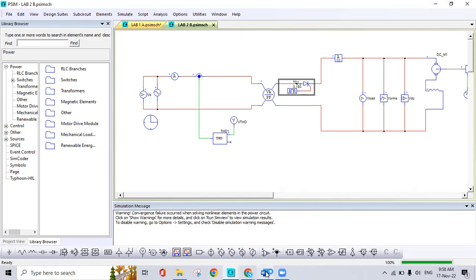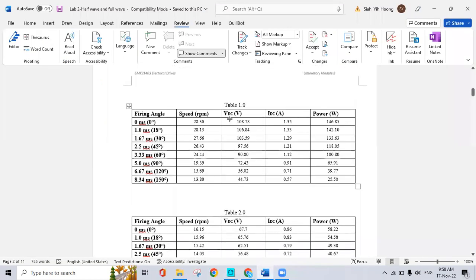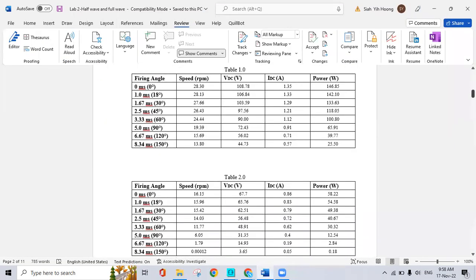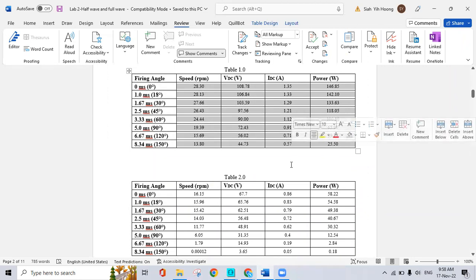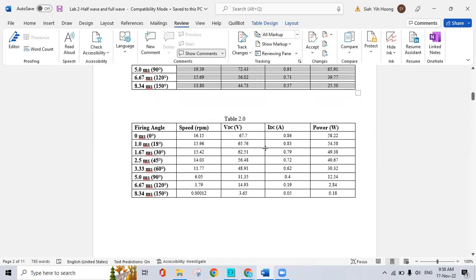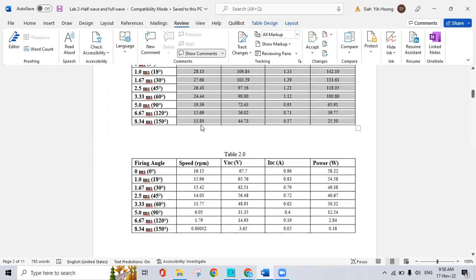So let us take a look at the data. In this experiment, we can also observe that when our firing angle increases, the speed, the VDC, the IDC or the power will decrease. The same happens if we apply the variables to the half wave. Why?